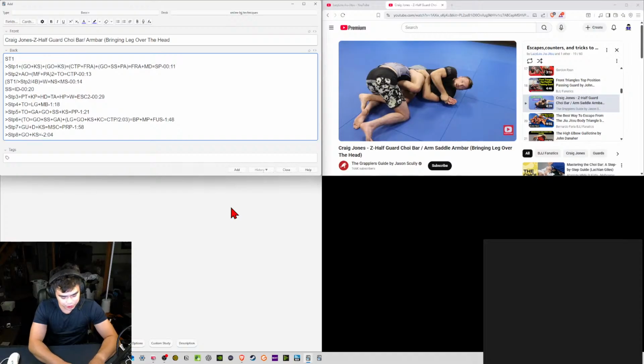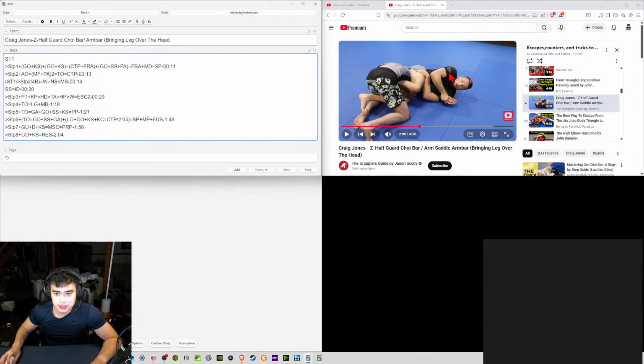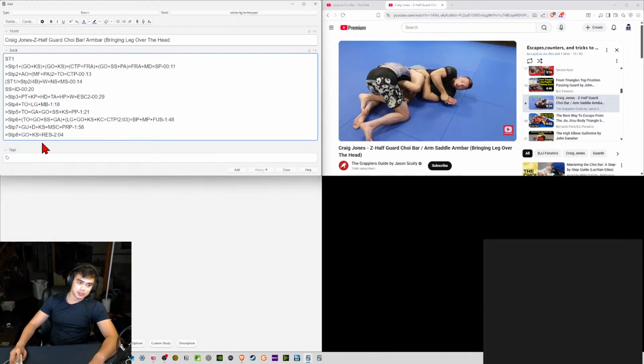If equals restrain right here. Restrain. Because with this arm right here, you're going over to keep safe right here, and this is equal to restrain.